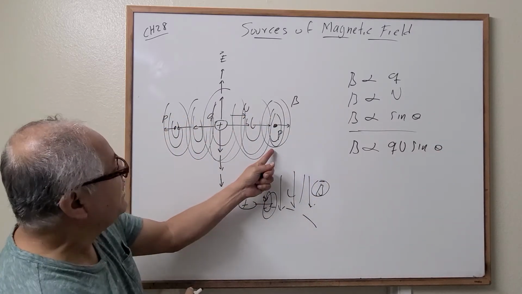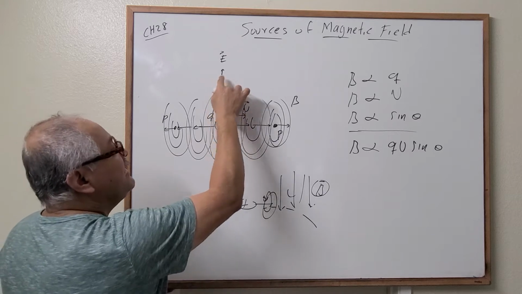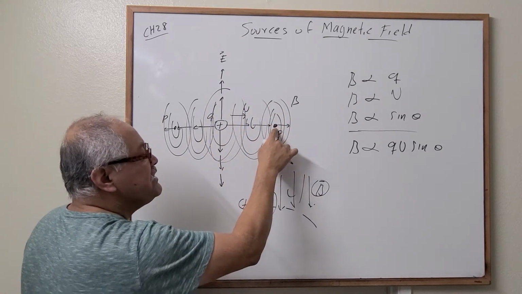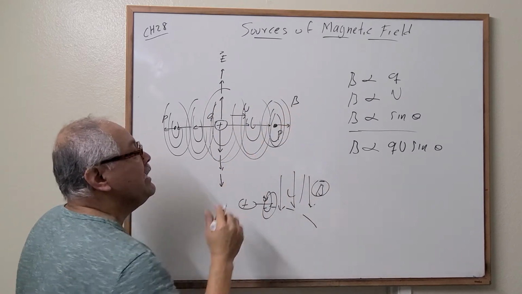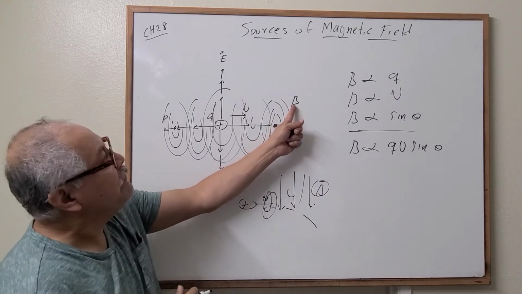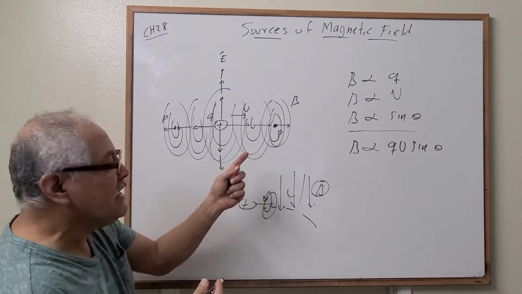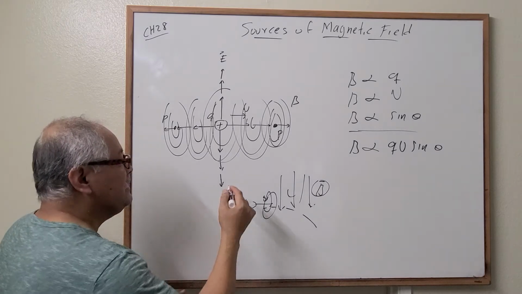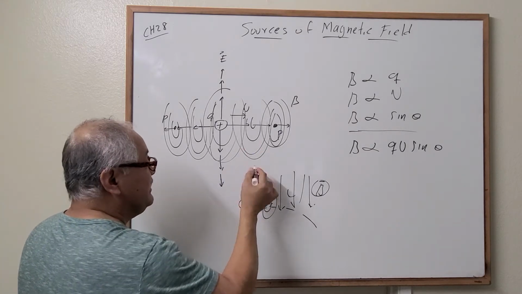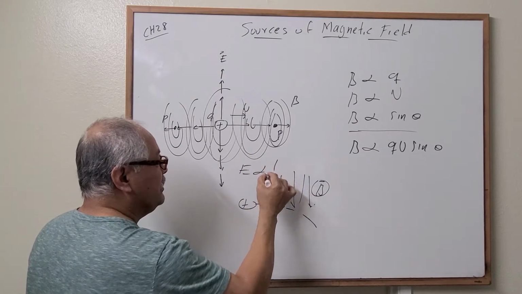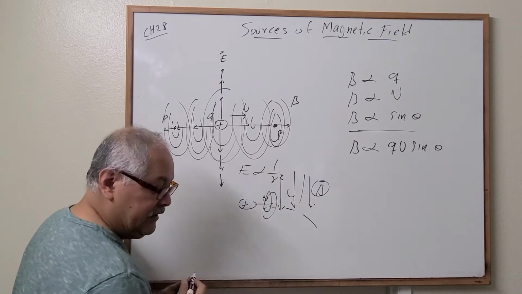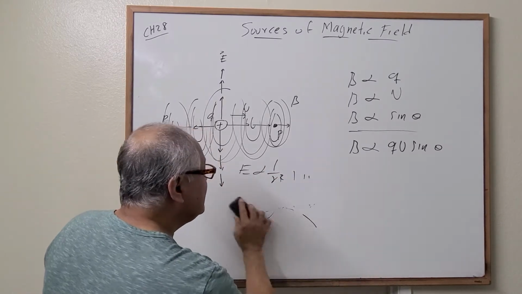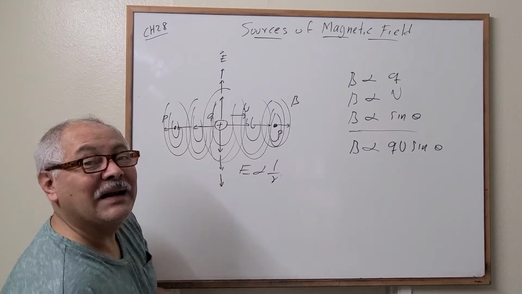Now, what happens right here? Well, remember we have an electric field, and this electric field changes at this point, and a magnetic field is created. So they are related also. In this case, the electric field is proportional to the inverse square of the distance. The same thing we can say for the magnetic field.